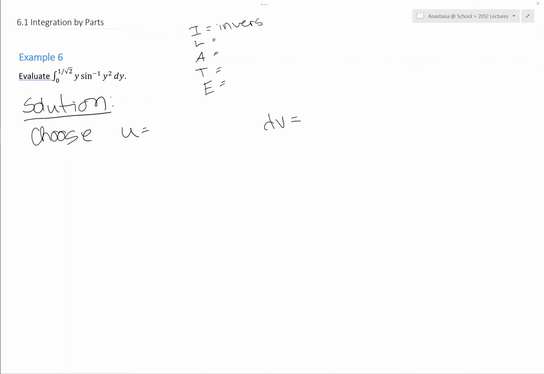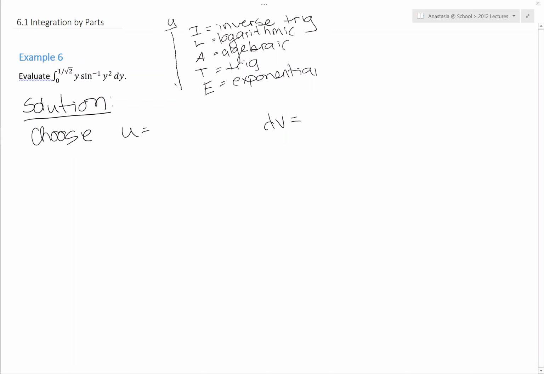The first letter in ILATE stands for inverse trig, then logarithmic, then algebraic, then trig, and then last exponential.